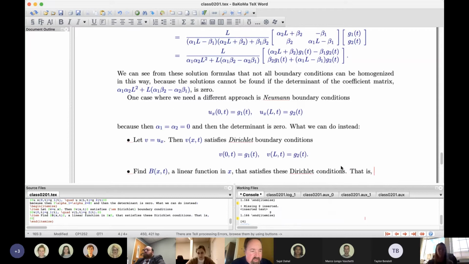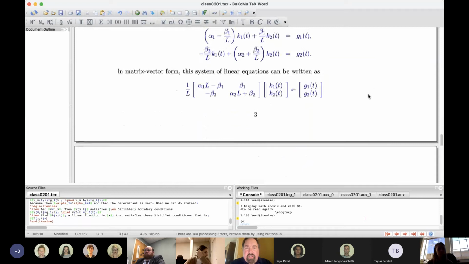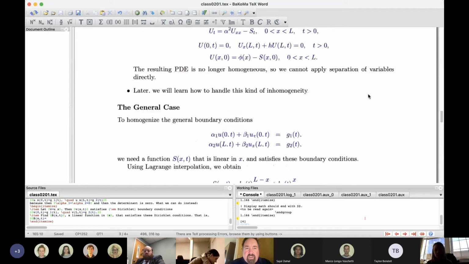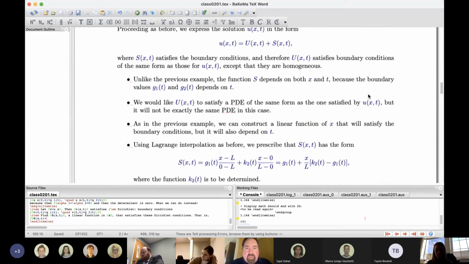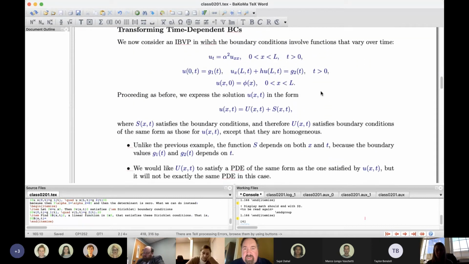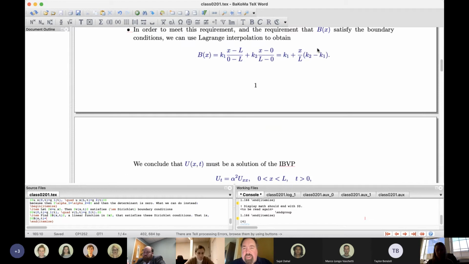So what happens in this case is I can kind of use a formula. If I go back to that example, it wouldn't be exactly the same, but I can use this formula right here, where k1 and k2 are just functions of t. So k1 and k2 would just be g1 and g2.